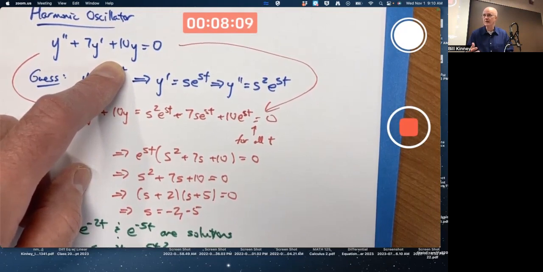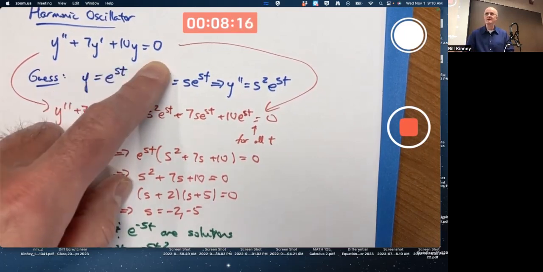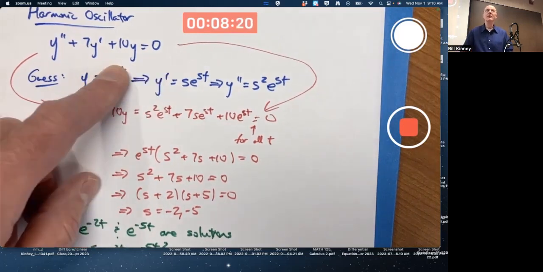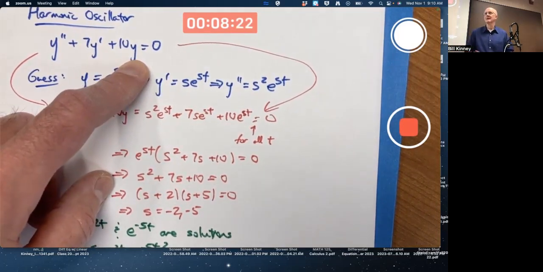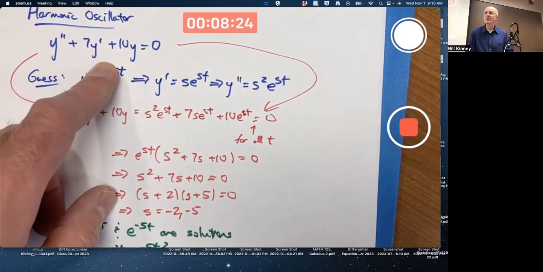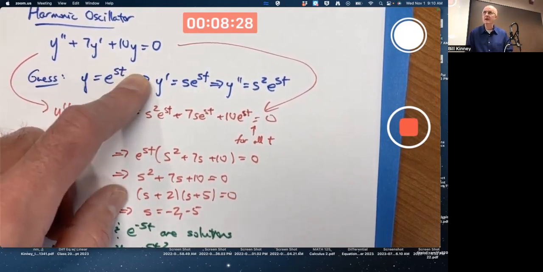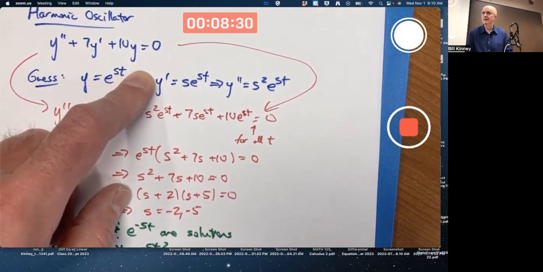That can be proved. I don't actually prove that in the lectures, but it can be proved. If you had a third order homogeneous equation, its kernel would be three-dimensional. If you had a fourth order, it would be four-dimensional. The order of the differential equation corresponds to the dimension of the kernel of this linear transformation, which is the dimension of the solution space.